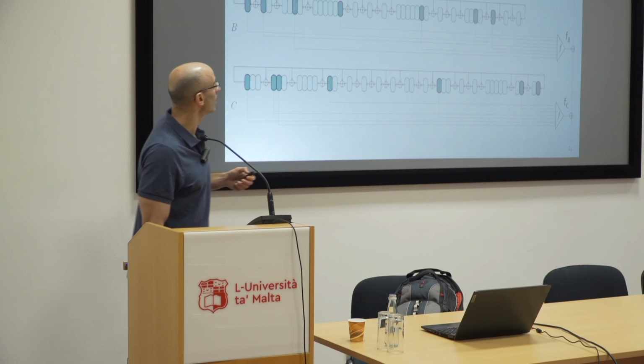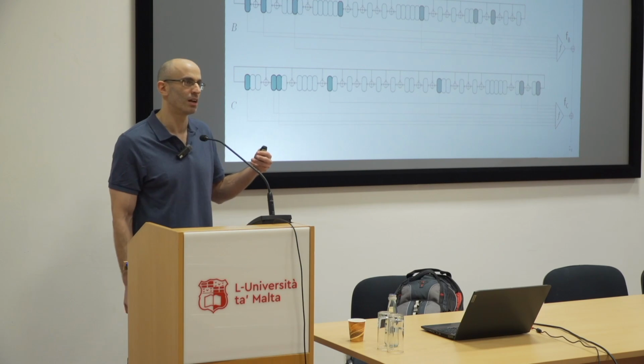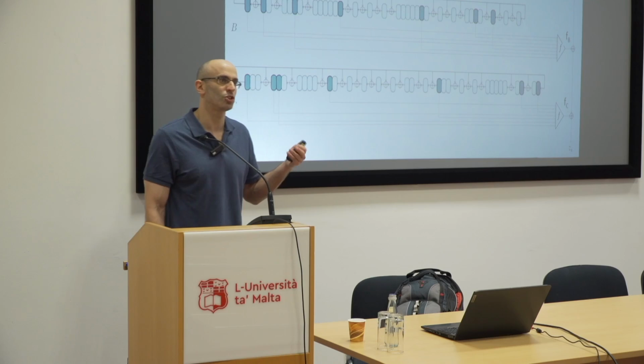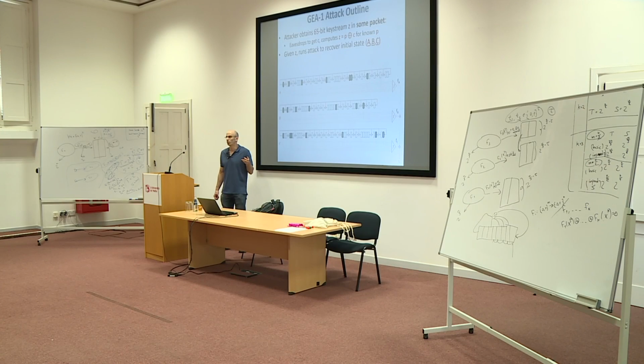So essentially, this initial state has 2 to the 64 possible values, and now we obtain 65 values of output. After we do the filtering, on average we expect only the correct solution to survive. So we can recover the initial state of GEA1, okay?